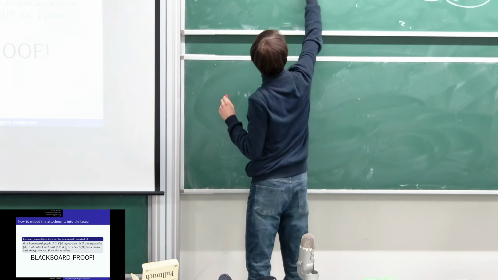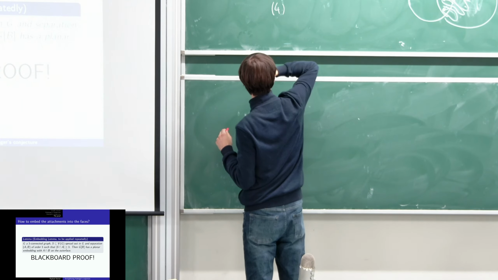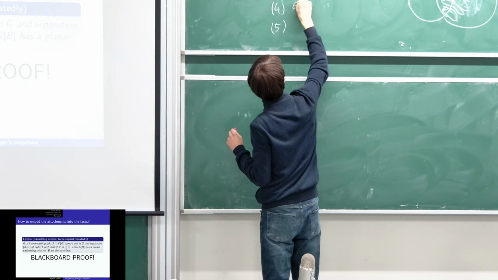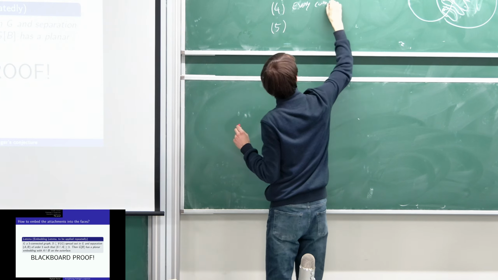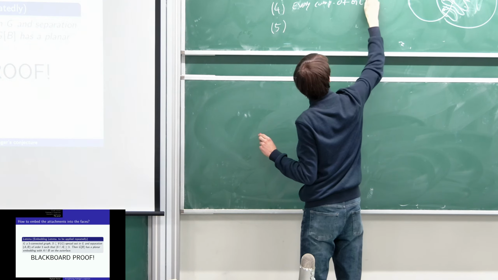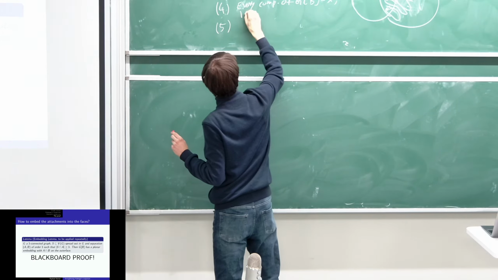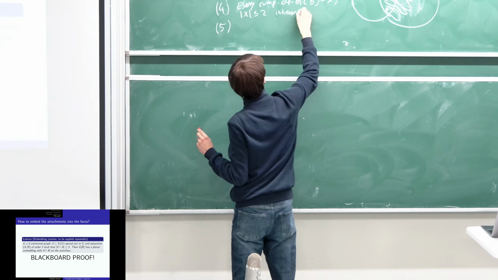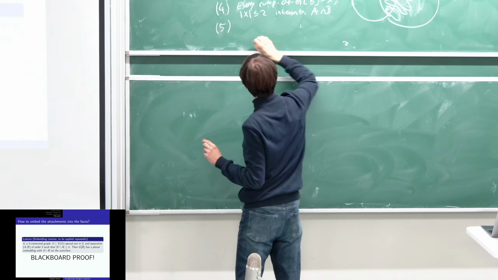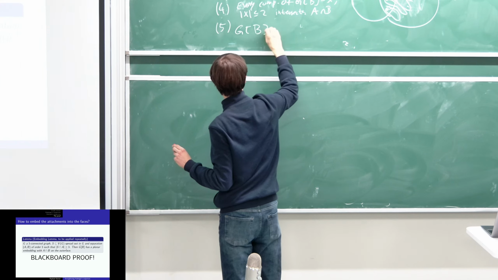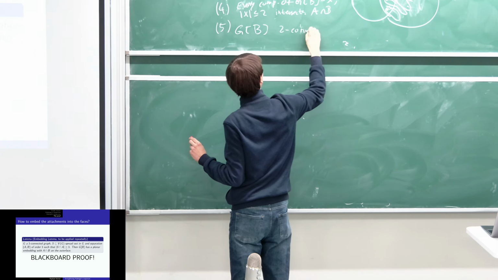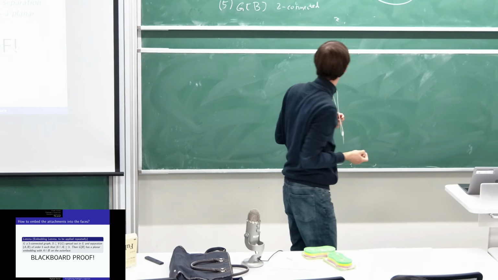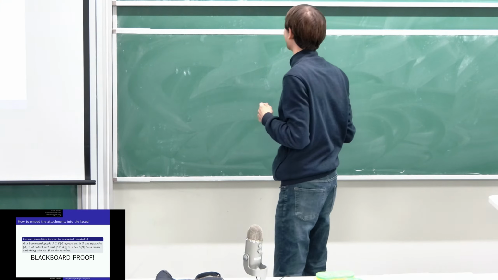So 3 was the thing with the paths. 4 was that every component after removing at most two vertices intersects the separator. And now the next thing will be that G of B is actually two connected. It's either two connected or we are done.